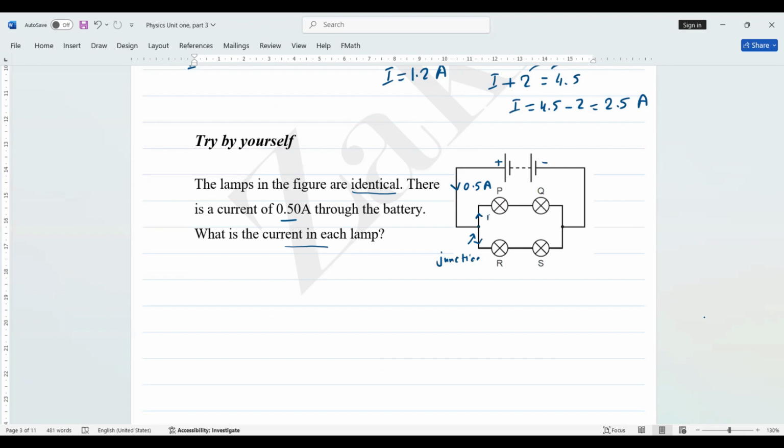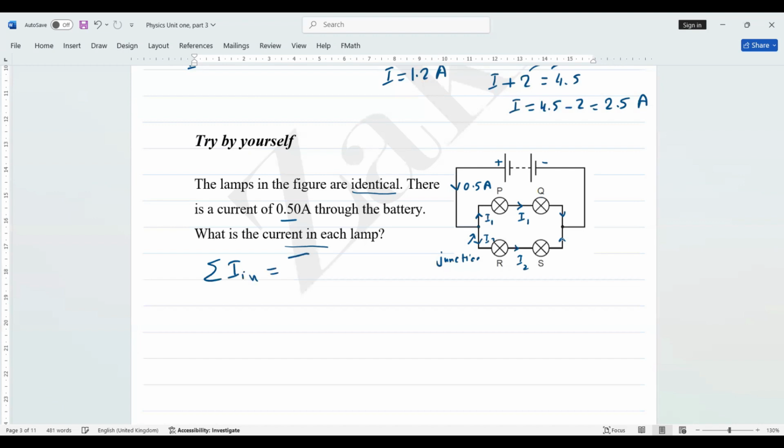This is I1 in the first branch, and this is I2. So this is I1, it is the same here. And on the other branch, this is I2.